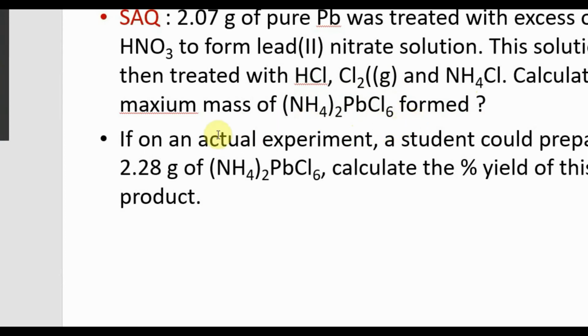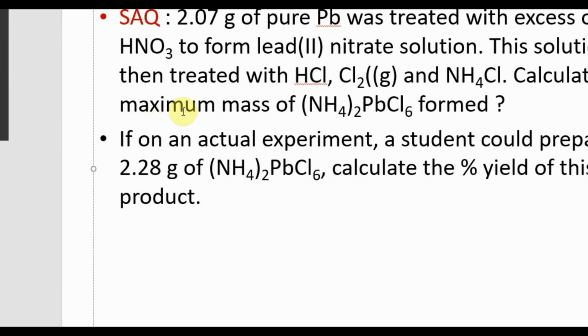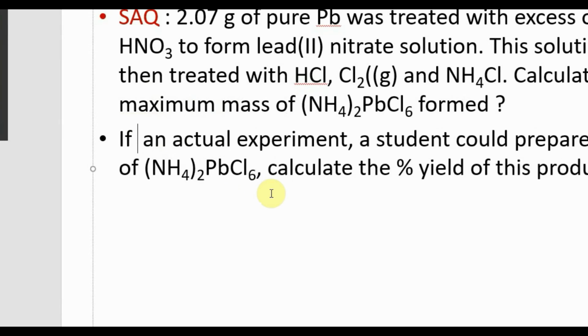So you are asked to find out the maximum mass of this ammonium hexachloroplumbate formed. It is a huge compound. In an actual experiment, a student could prepare only 2.28 grams of this compound, then what is the percentage yield of this product?